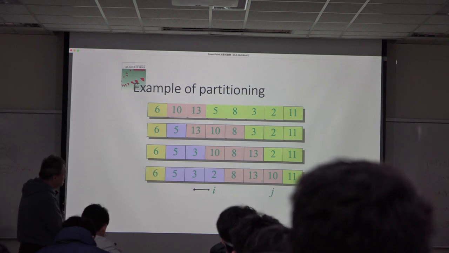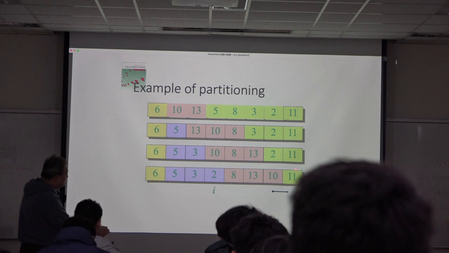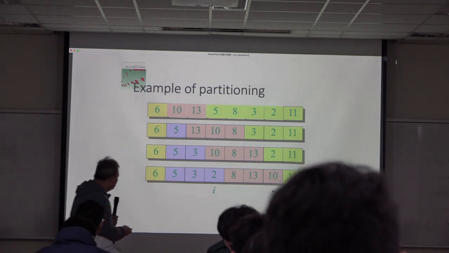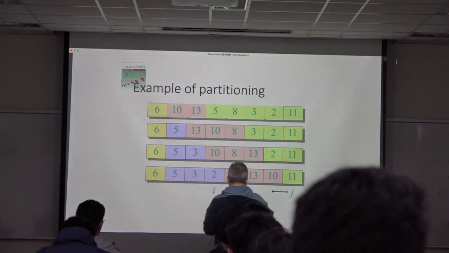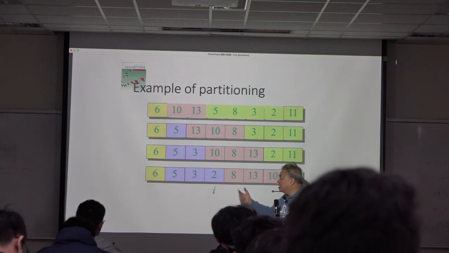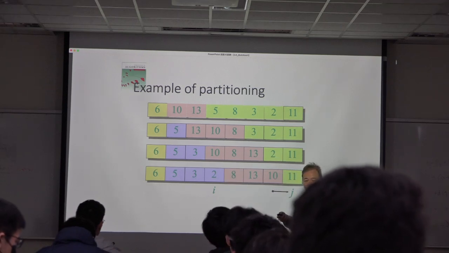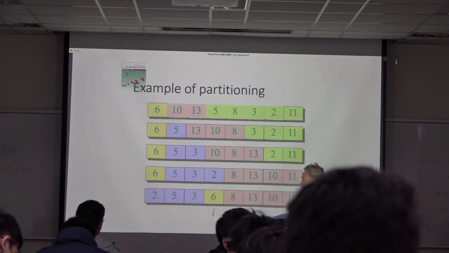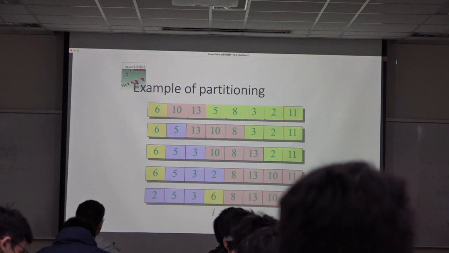The next one is 11. 11 is greater than 6, so nothing needs to be done. We are done. At the end, we exchange 6 with 2, to make 6 be at the right place.